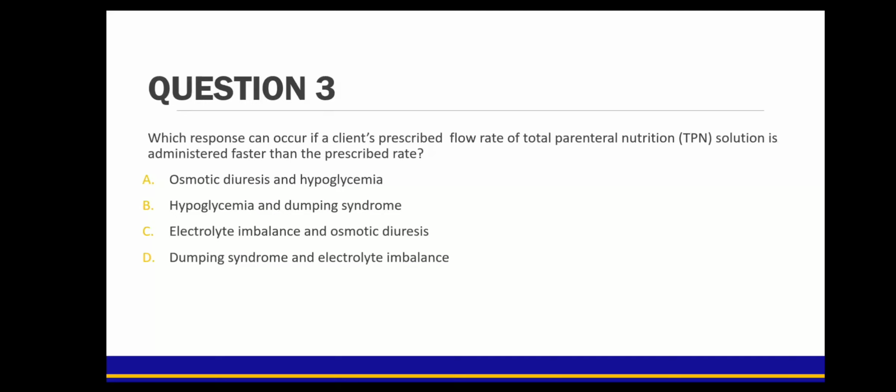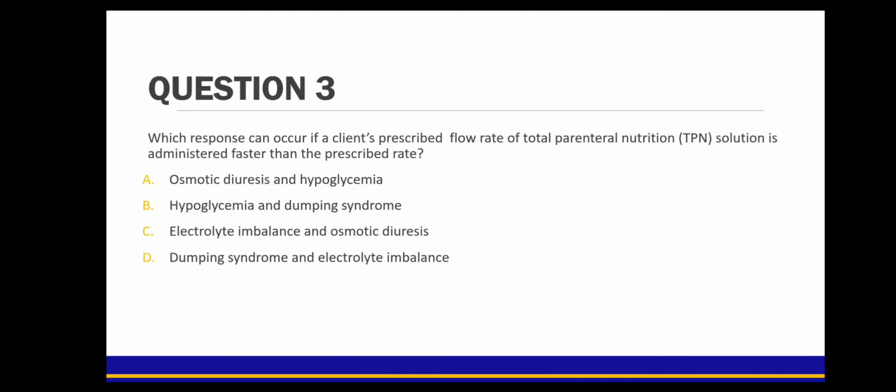All right. So remember I said off the bat, we said electrolyte imbalances and osmotic diuresis, we have a lot of electrolytes that we add to our TPN. If we're giving it too quickly, the hypertonic TPN solution pulls intracellular fluid into the vascular compartment. It increases the blood volume, increases circulation to the kidneys, raising urinary output, and that is what osmotic diuresis means.